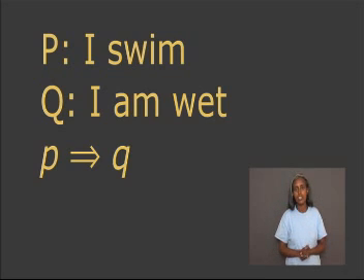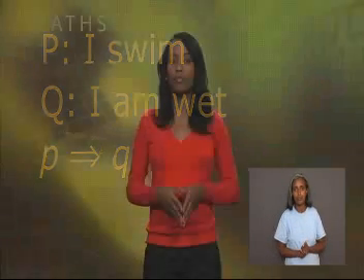The argument is that P leads to Q. We can test the validity of this argument using a truth table. The table must demonstrate that all the premises taken together always imply the conclusion.